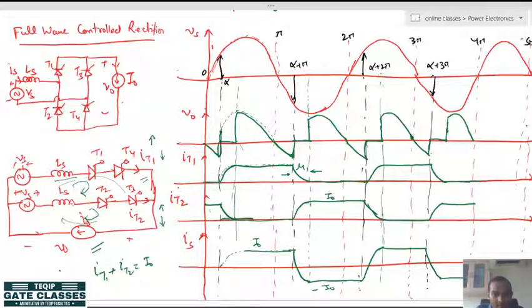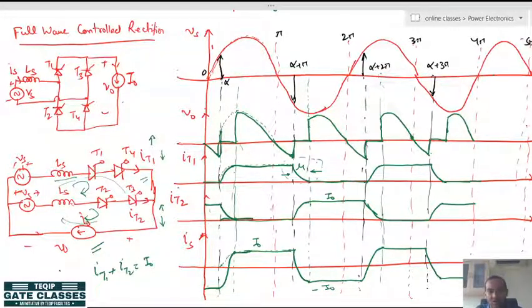And what about source current? Source current must be negative, and then from negative it must move to positive like this. So, due to the effect of source inductance we get this overlapping area, and this causes another reduction in the output voltage.